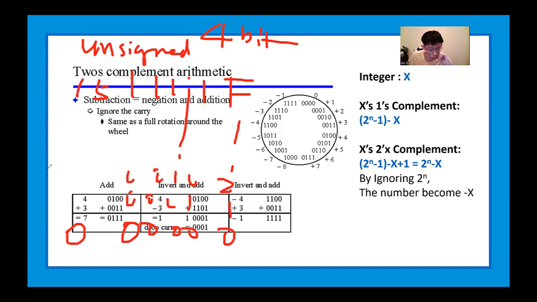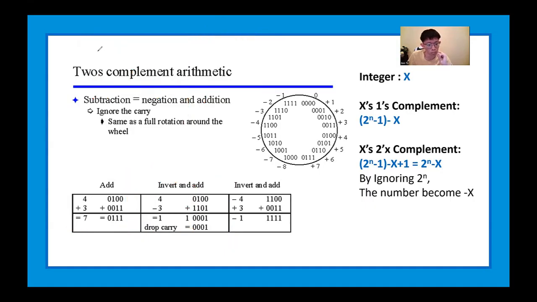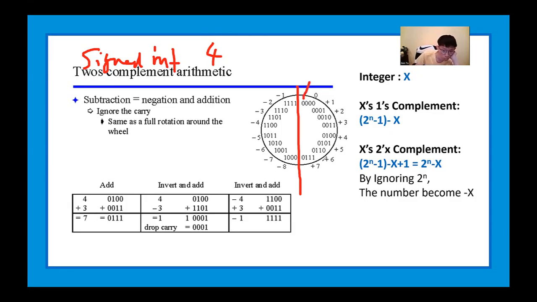So that's unsigned. But if it is signed, four-bit, then 4-bit from 0000 to 1111, we divide it into half. If you have a leading 0, we consider them as positive integers. If they have a leading 1, we consider them as negative numbers.